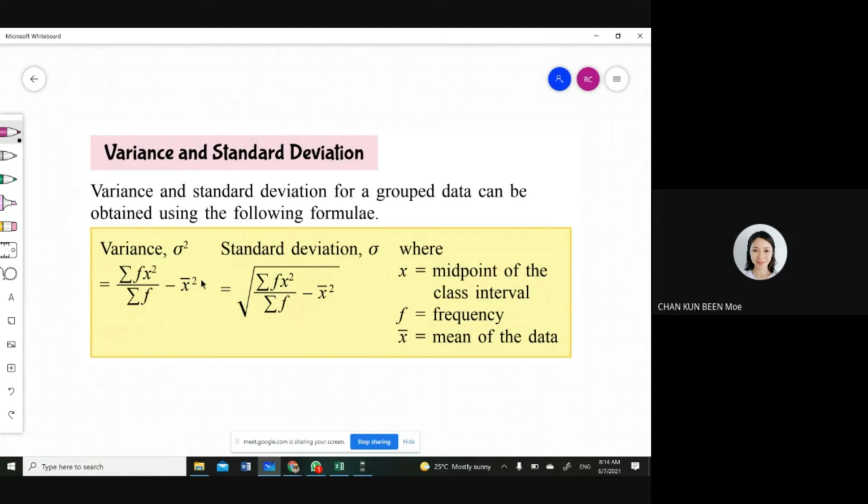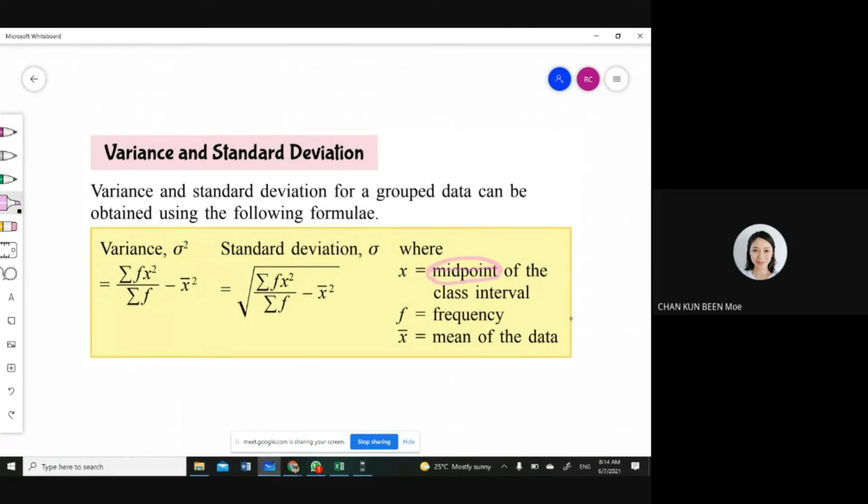Remember, when you want to find out the variance, you need to find out the mean first as usual. Same thing when you are asked to find out standard deviation, you need to find the mean first. You can see here, x represents the midpoint of the class interval. So this is important. Previously, your x is just the value directly for ungrouped data. But right now, it is grouped data. So for grouped data, your x right now is the midpoint.